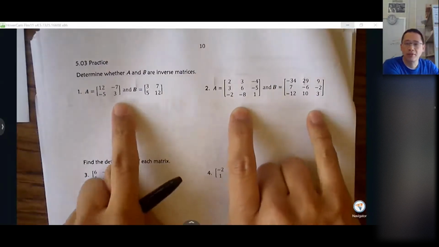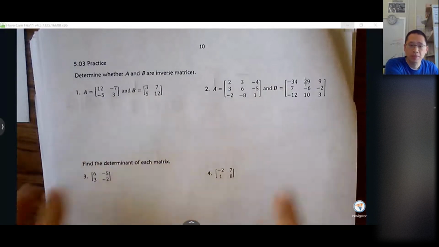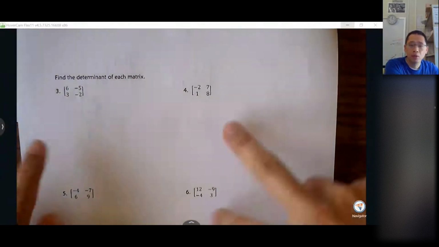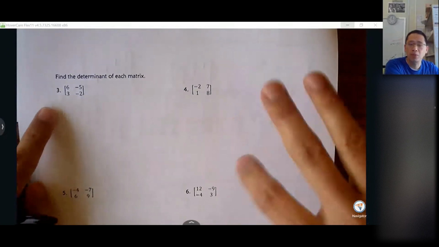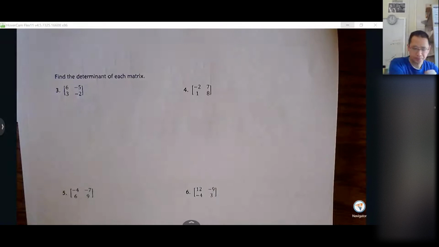So we're just going to skip that for now. This is a rehash of the previous page. Let's practice a bit more with determinants, and then we'll move on to the next page, where we can find out fully how to find an inverse.